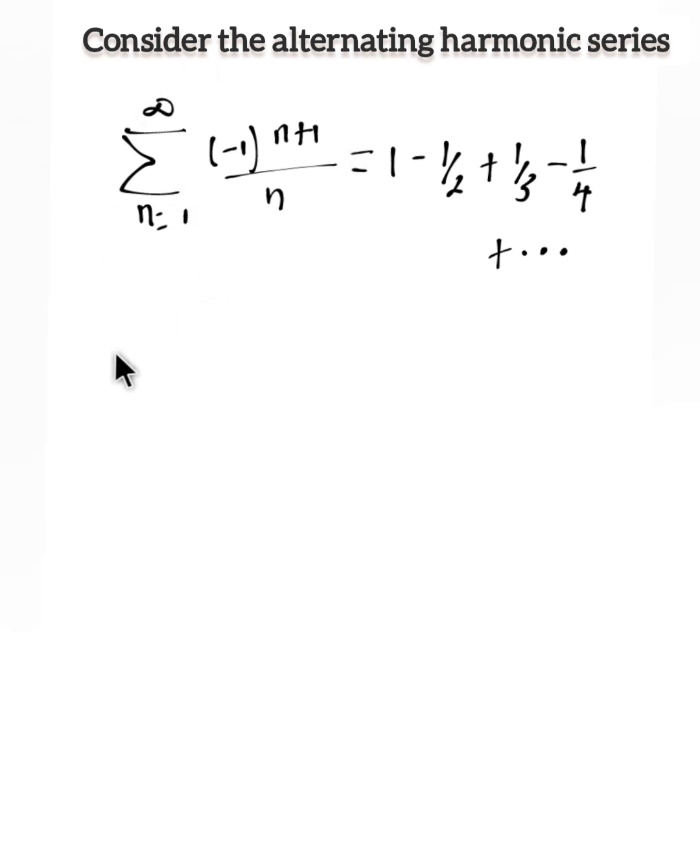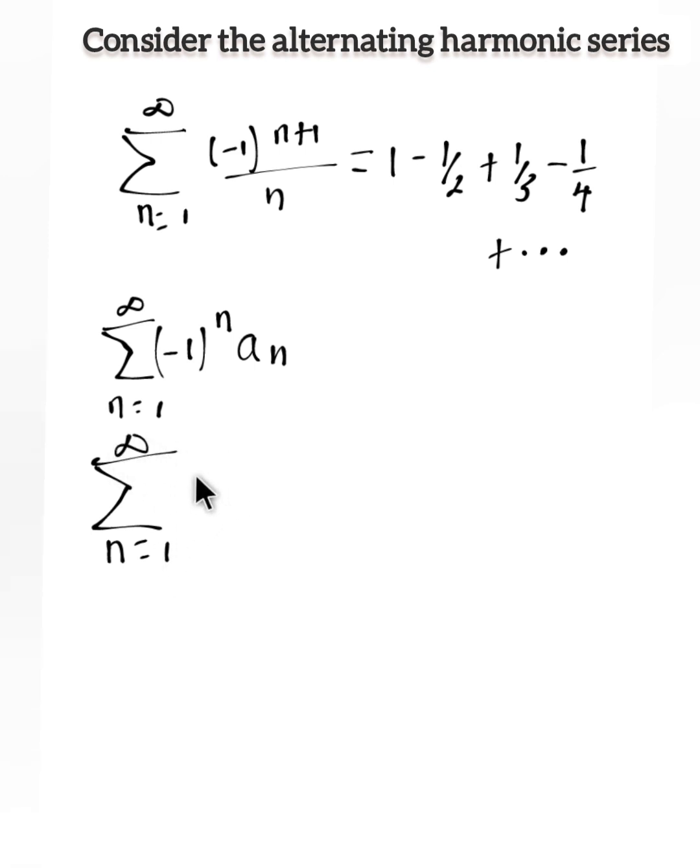Now, while dealing with an alternating series, it has this form, which is the summation from n equals 1 to infinity of minus 1 raised to the power n of an. So this is an alternating series, and it's quite similar to what we have over here. What we have here is the summation from n equals 1 to infinity of minus 1 raised to the power n plus 1 all over n.